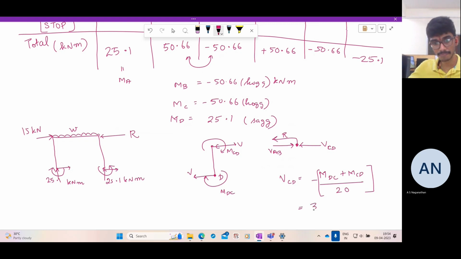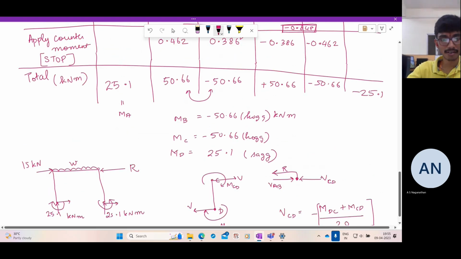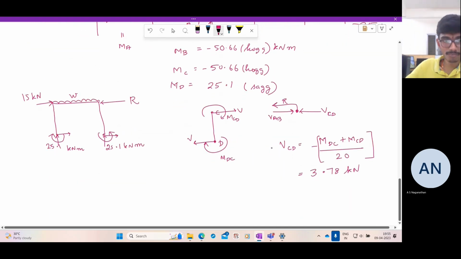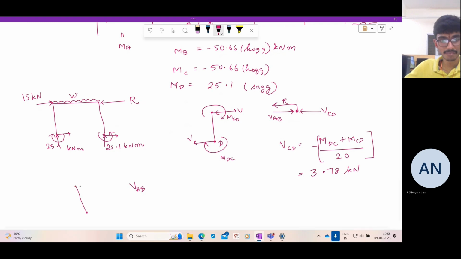So the answer is 3.78 kilonewtons. That is fine. And what about AB? So similarly, VAB, to take it this way.